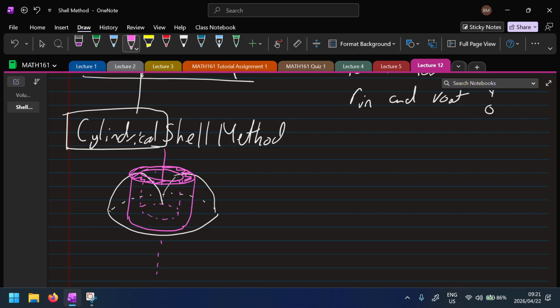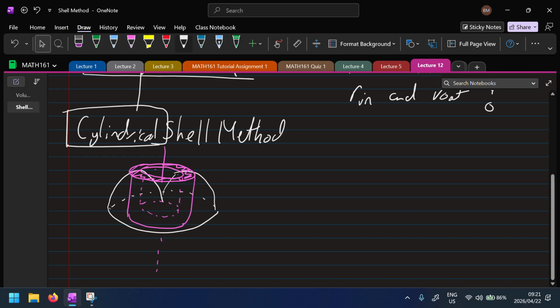What we're going to do is imagine a number of these cylinders going around this thing. If we know the volume of each of these cylinders, we can add them up, and that's going to give us the total volume. So imagine we've got this one cylinder. We're going to add a few more.